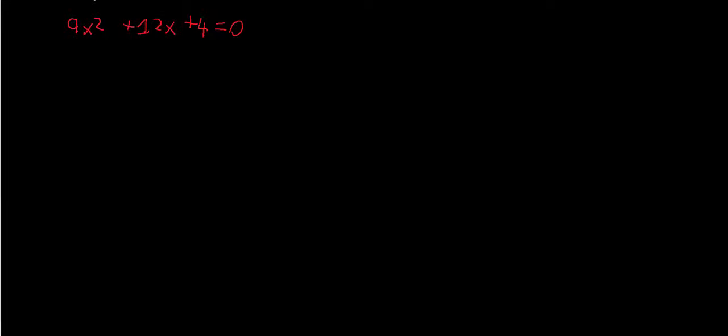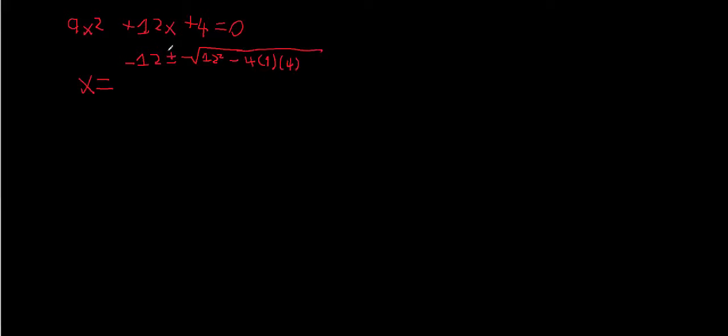Alright, we are back here with this problem, trying to solve it. So once again, we're going to convert it to the formula. So x equals negative 12 plus or minus the square root of 12 squared minus 4 times 9 times 4.